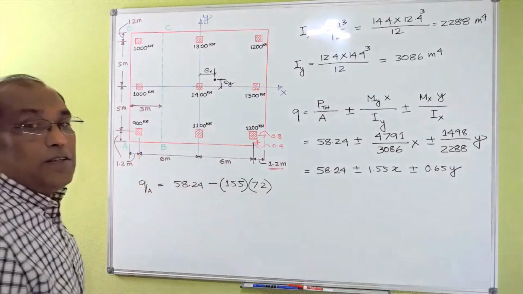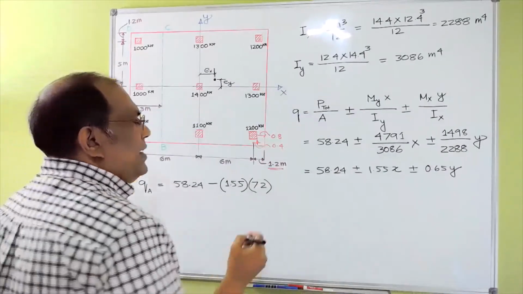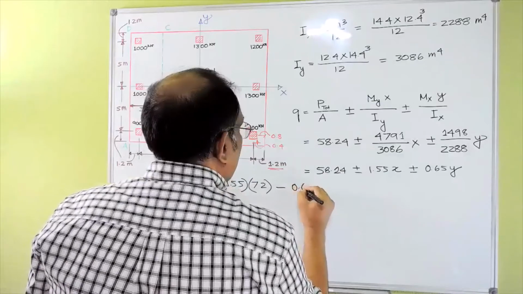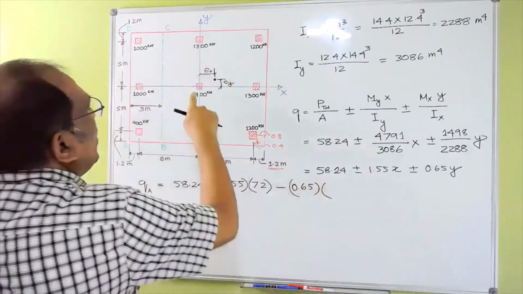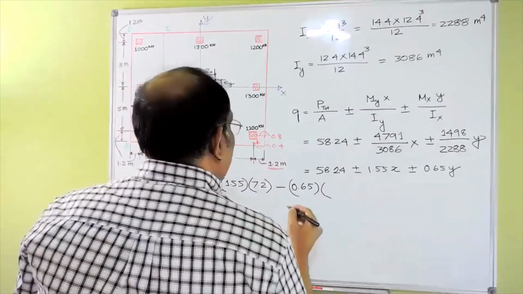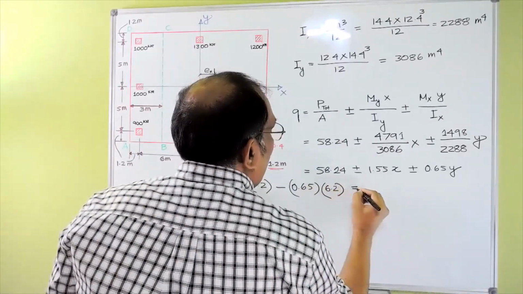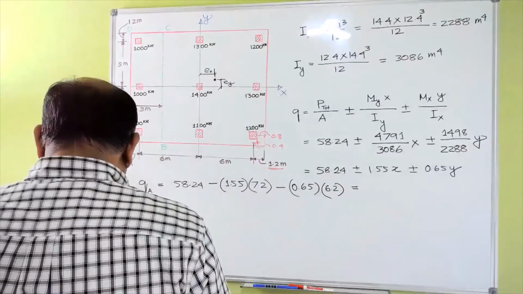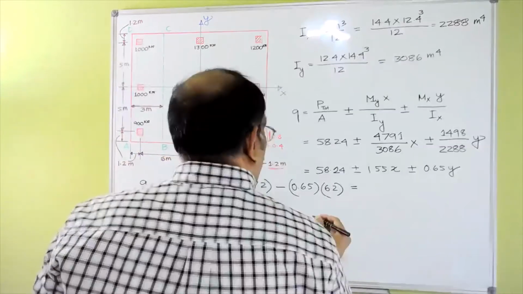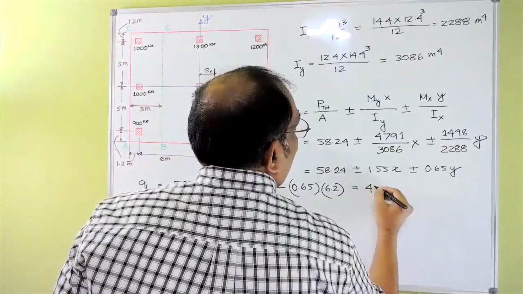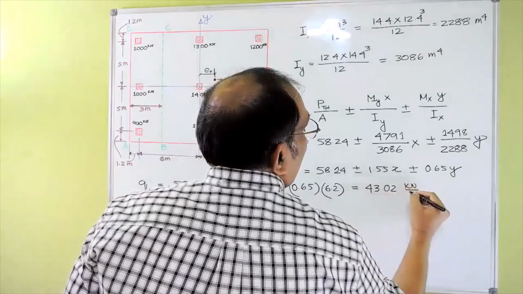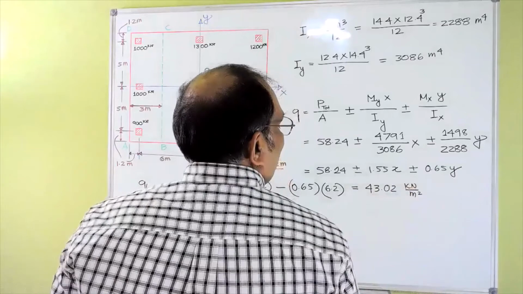And this one is also minus for y, 0.65 times y, from here to here, that's 5 plus 1 plus 1.2, that's 6.2. So for point A, you get 43.02.